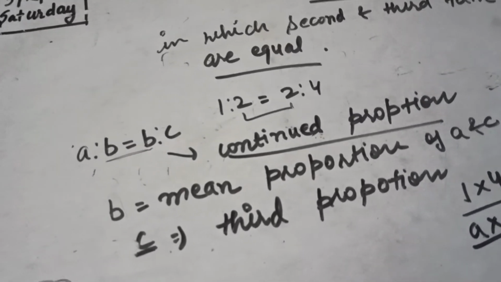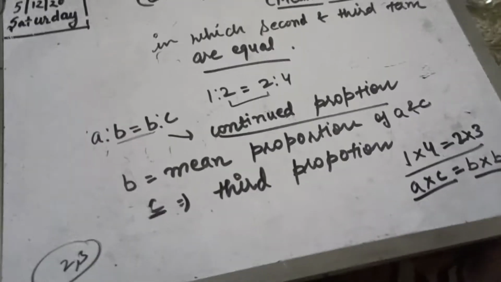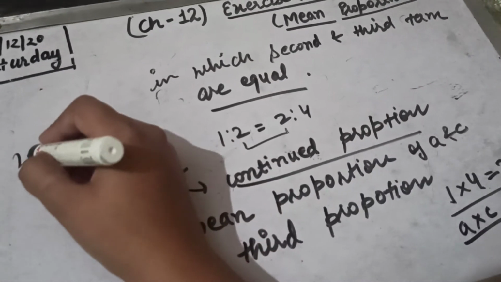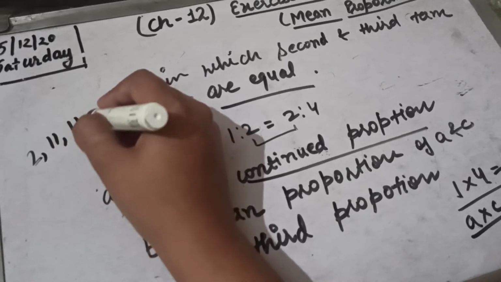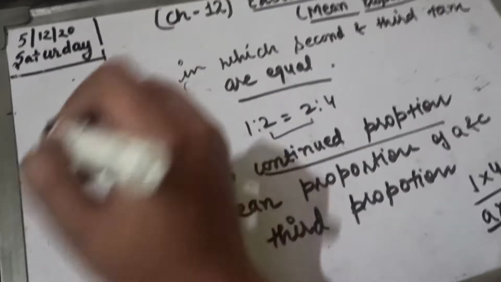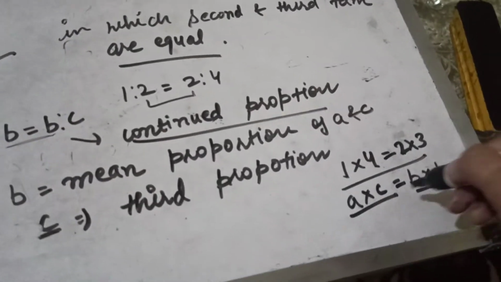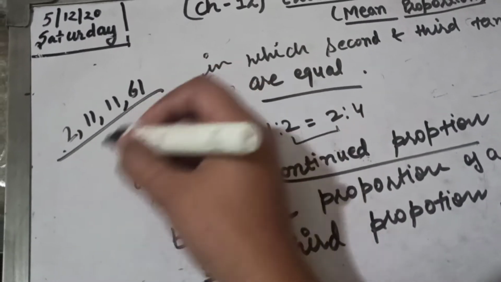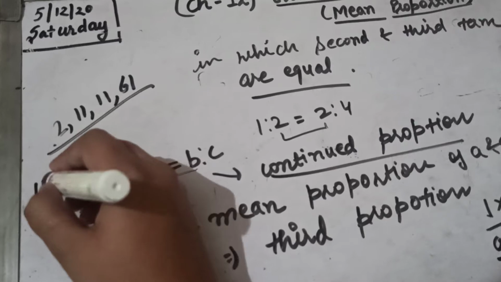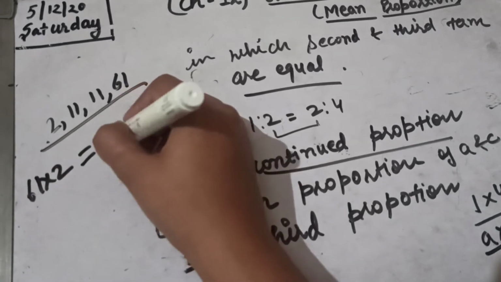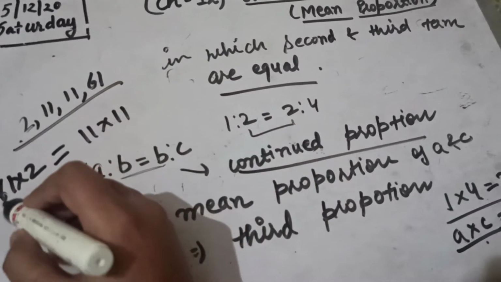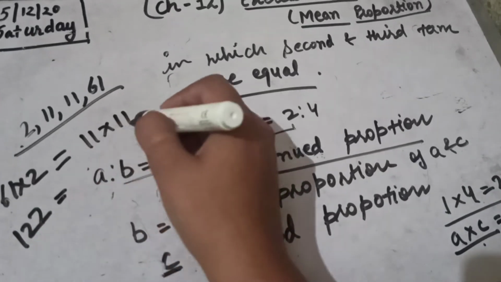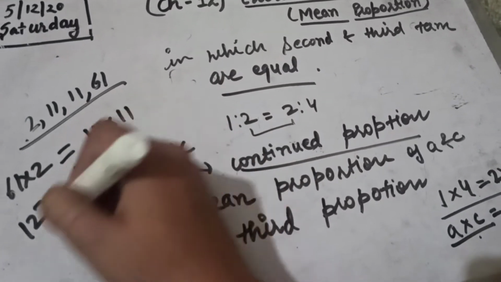After this, in your book, one question is given that you have to think. 2, 11, 11 and 61 are in continued proportion? For this, we have to use this formula: first and last and the middle terms. 2 times 61 is 122 and 11 times 11 is 121.